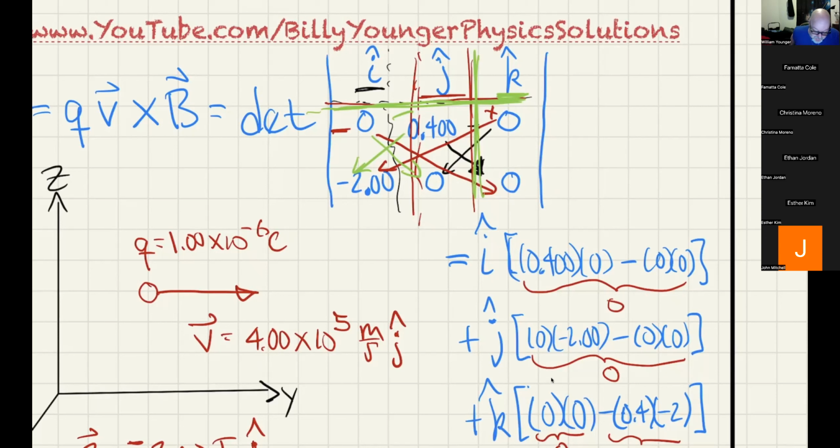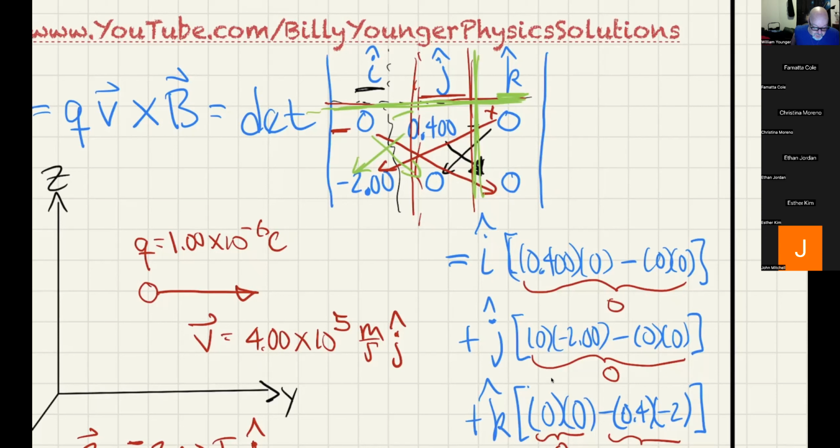And then finally, when I got to the K hat, I used green. That took away the third column and the first row. So all I had left was the 4 that are under the I and J. And in this case, the K hat's a positive, so I don't need to do anything negative.